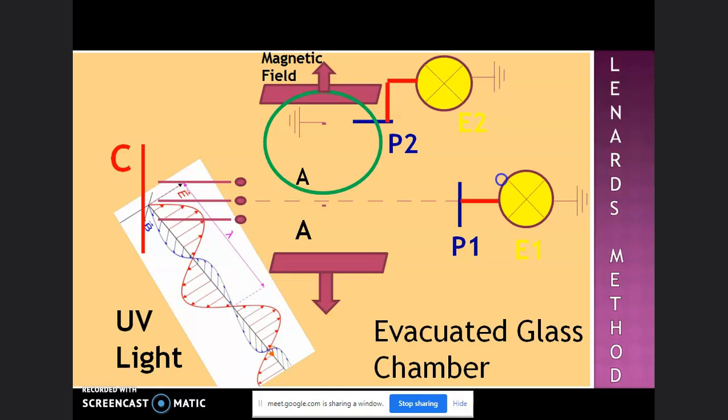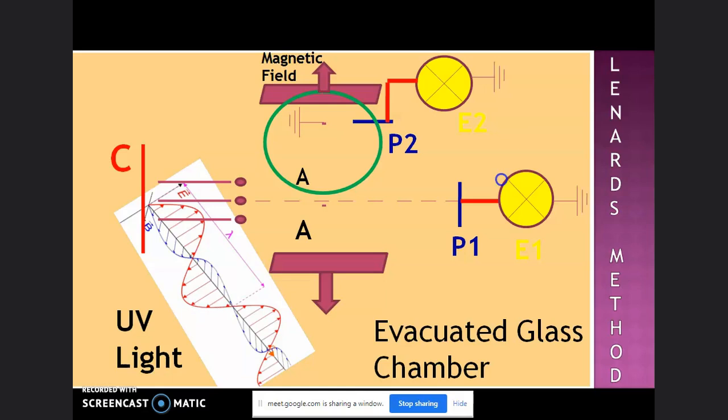So this is about the construction of Lenard's method. Now, how it works. See, when UV light is passed through a quartz crystal, there is some light filtering arrangement kept over there, so that the light gets filtered, and the filtered UV light is incident on the cathode terminal.